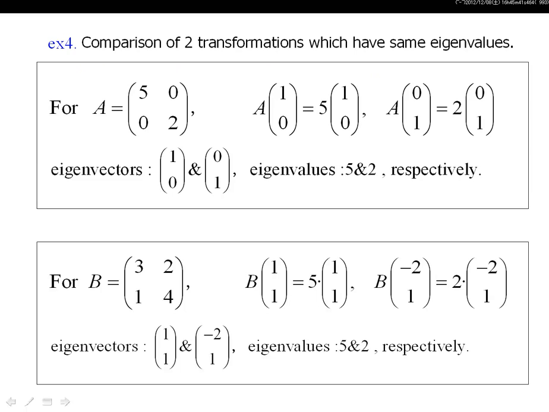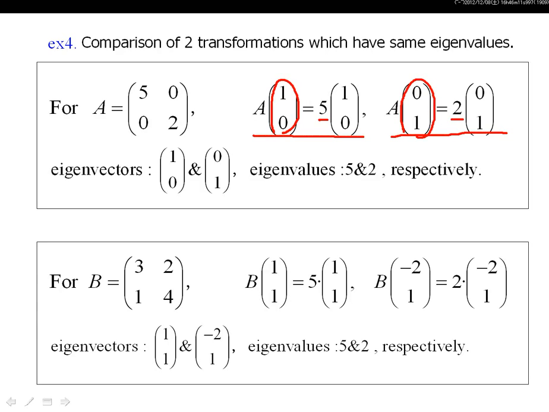So, a comparison of two transformations which have the same eigenvalues. A equals (5, 0; 0, 2). So A(1, 0) equals 5(1, 0), and A(0, 1) equals 2(0, 1). The eigenvectors are (1, 0) and (0, 1), and the eigenvalues are 5 and 2 respectively.